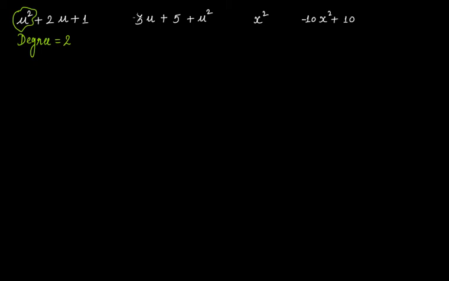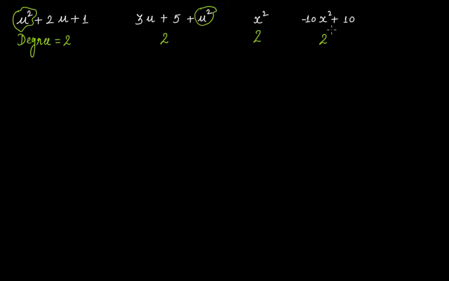Okay. In this case, this is 3u plus 5 plus u squared. You will take this term because this power of u has the highest exponent, and again the degree is 2. This is x squared, clearly its degree is also 2. This is minus 10x squared plus 10. Well, this is also a quadratic polynomial because the highest degree is 2.